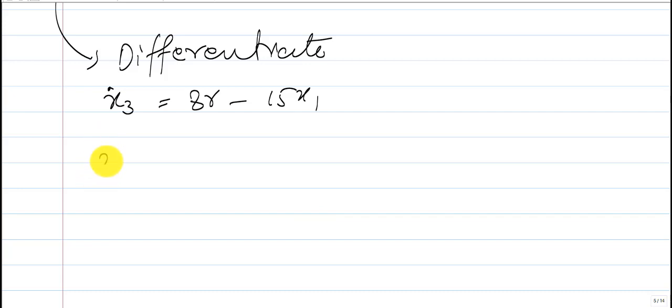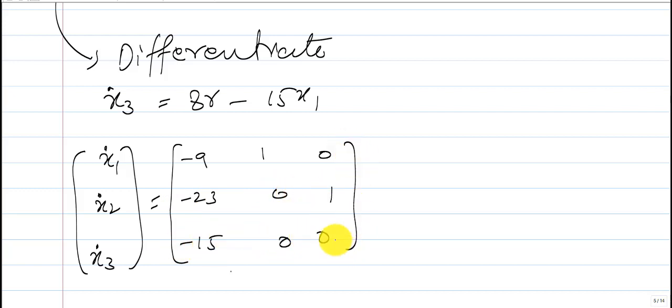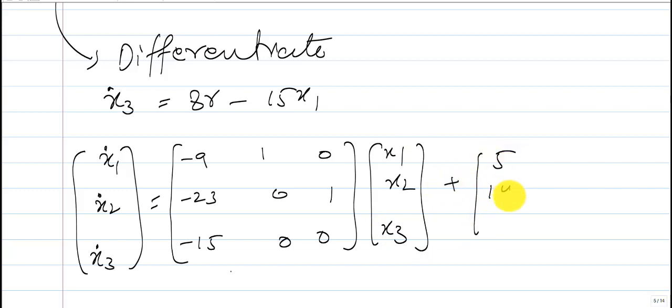This will be a 3 by 3 matrix: minus 9, 1, 0; minus 23, 0, 1; minus 15, 0, 0; times x1, x2, x3, the three state variables, plus 5, 14, 8 times r.